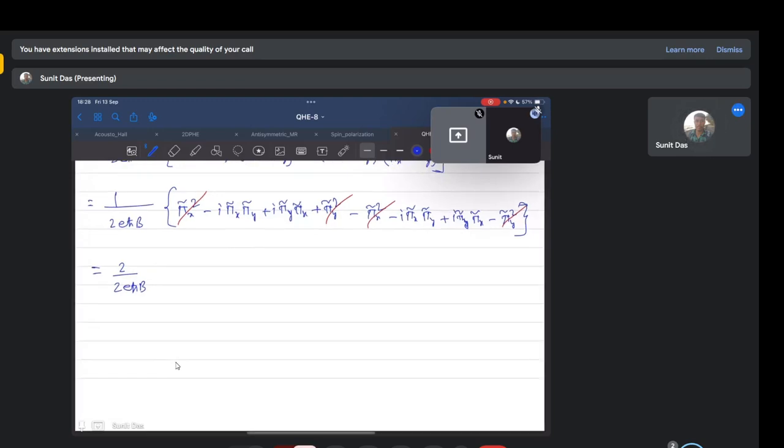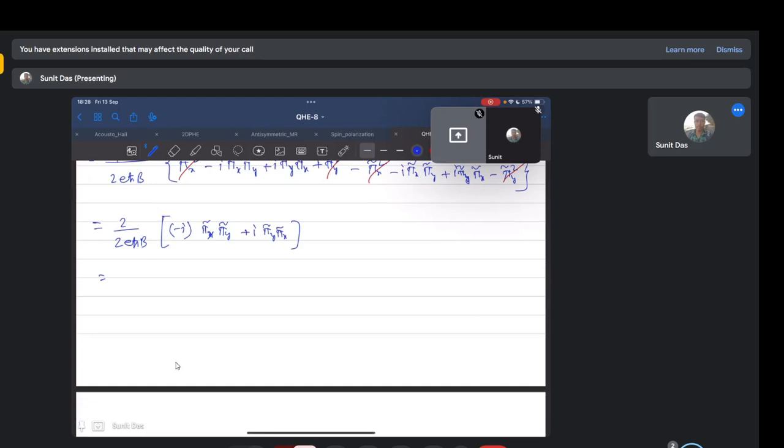Let's say minus i times π_x tilde π_y tilde, and then plus i π_y tilde π_x tilde. So minus i eħB, and then π_y tilde.